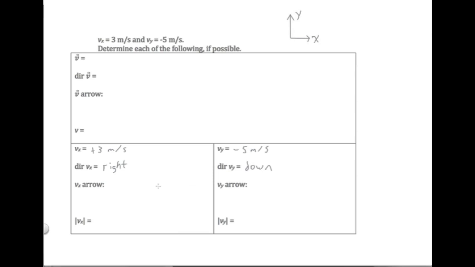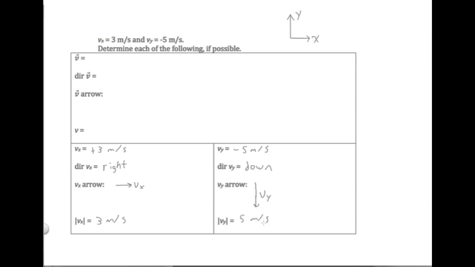So then our arrows would point to the right and down, right and down, and our magnitudes are 3 meters per second and 5 meters per second.